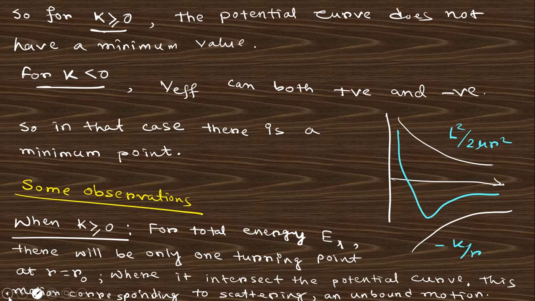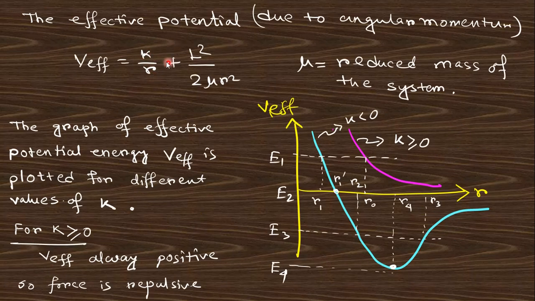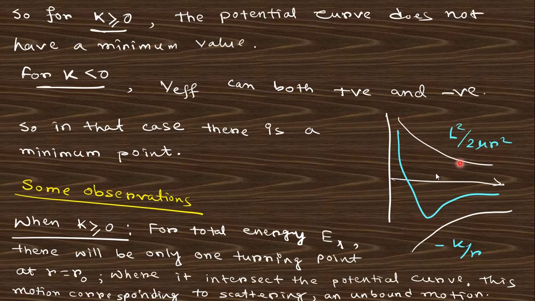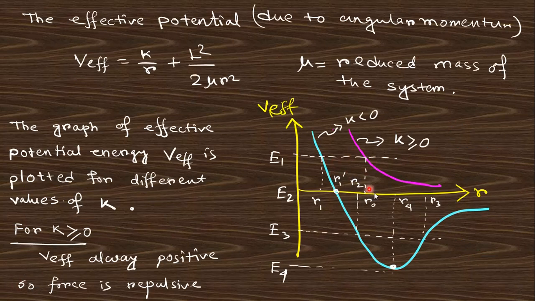But if k is negative, this term is negative and this term is positive, and the resultant curve is a combination of the two. Here this is the positive term, this is the negative term, and the resultant will look like that. Some observations can be obtained from this curve. In the case of k greater than 0, it is always positive.